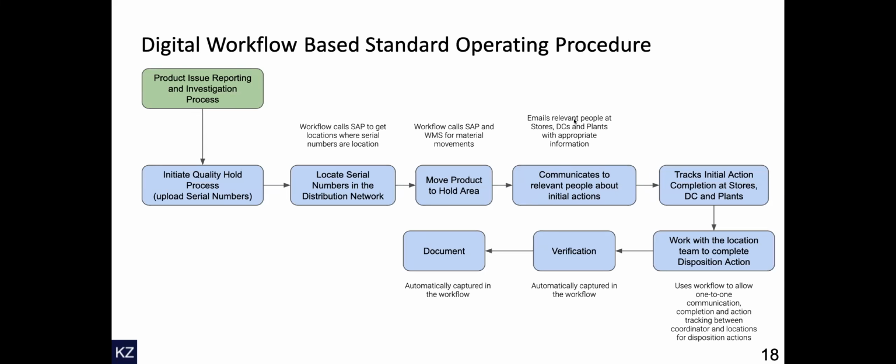It sends the email to those relevant people saying this is the initial action that they should take. Okay, and once the people at those locations get the email, they complete that and communicate, hey, we've finished the initial action. Once the initial action is done through this workflow, the quality team sends out what is the appropriate fix and the disposition that the individual location should do. And they keep track of this one-to-one relationship with these individual locations through this workflow.